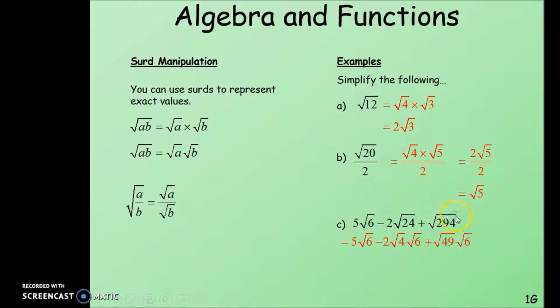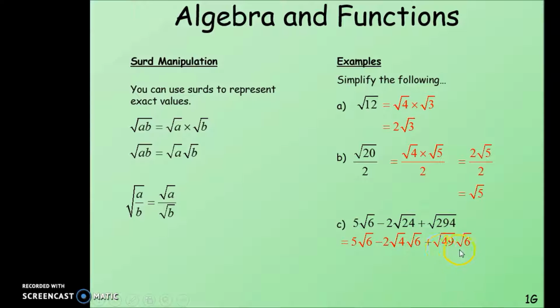And then I would say, look, I'm short by 6. So it would be 6 lots of 49. If I took 1 off of each 50, that's how I would think about it to work out that. It's not completely obvious to most people that 49 times 6 is what you're after there. But try and look at different square numbers and see which ones go into 294. I know that's not an easy simplification, but believe me, in time it will become easier.